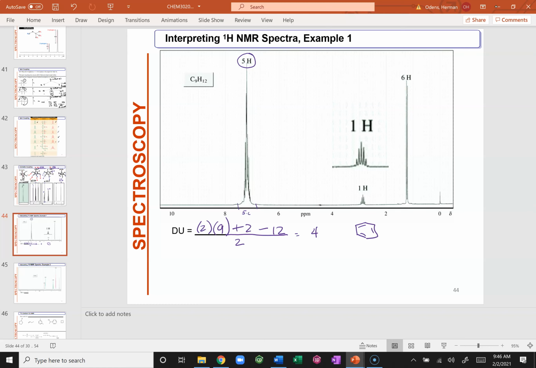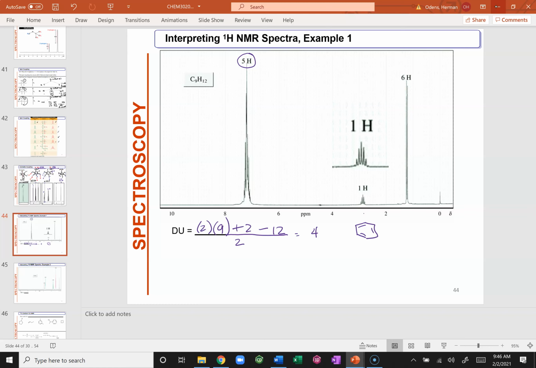It might say like 5.01. That means the same thing. You have 5 protons on that signal. Likewise, for this one, it will be 1. It might say something like 0.998. That is 1. So keep that in mind.